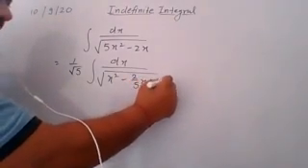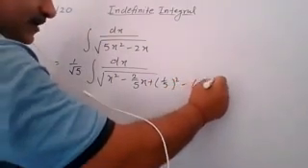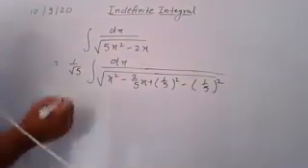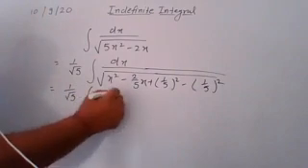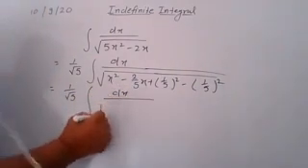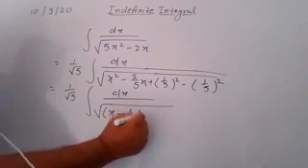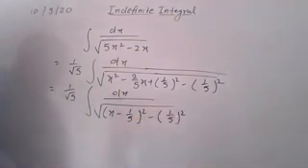So you add here the square of 1 by 5 and subtract the square of 1 by 5. Understand? So that can be written as 1 by root 5 dx upon within root, here you have x minus 1 upon 5 whole square minus 1 upon 5 whole square.